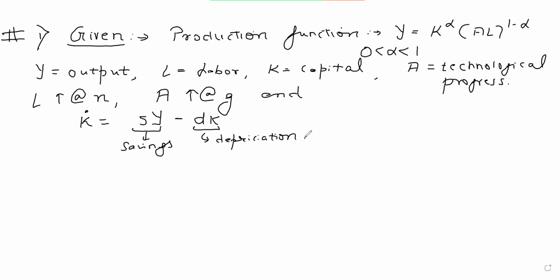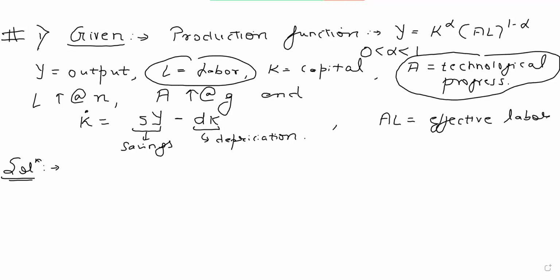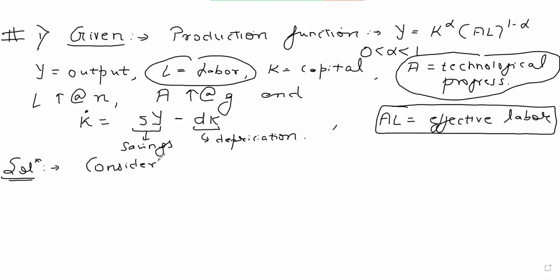Now, first of all, let's convert the production function in per effective worker terms. If A denotes technological progress and L denotes the labor, then the point to understand is that A times L denotes effective labor. So how do I convert my production function in per effective labor terms?